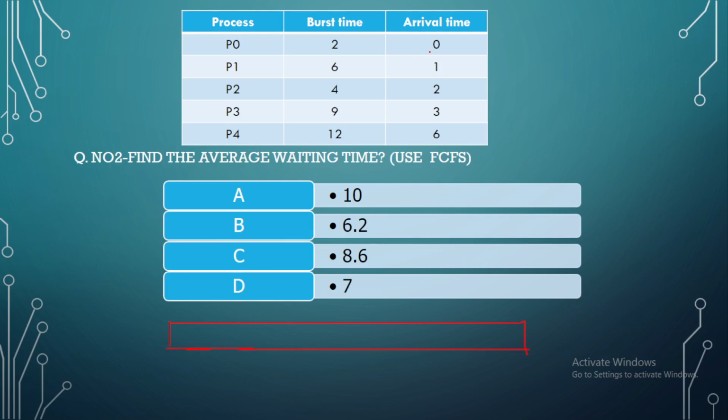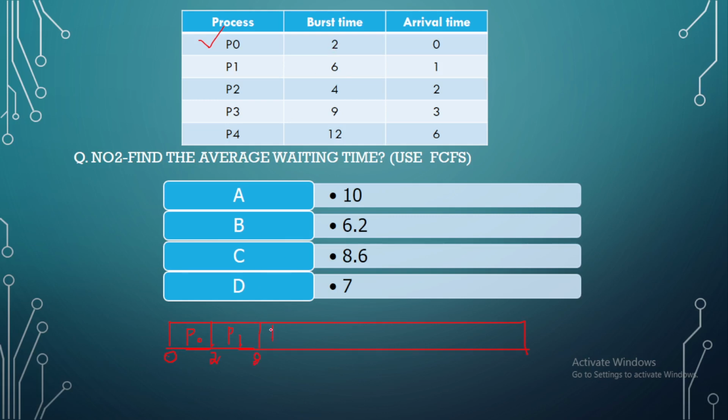Now, building the Gantt chart. We start at the 0th second. Assume that there are no processes, and P0 starts executing. It is the first process to enter the queue. So P0 starts executing and runs for 2 nanoseconds. Then the next process, P1, starts executing and runs for 6 nanoseconds. 6 plus 2, 8.